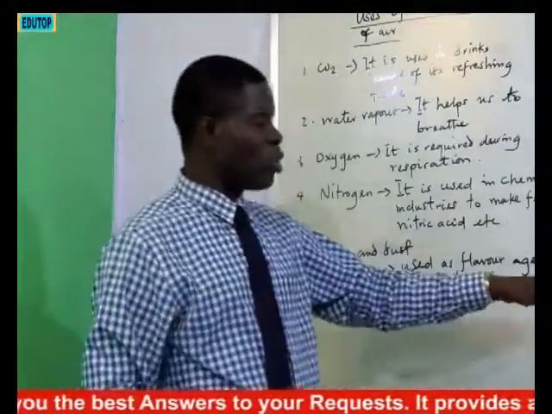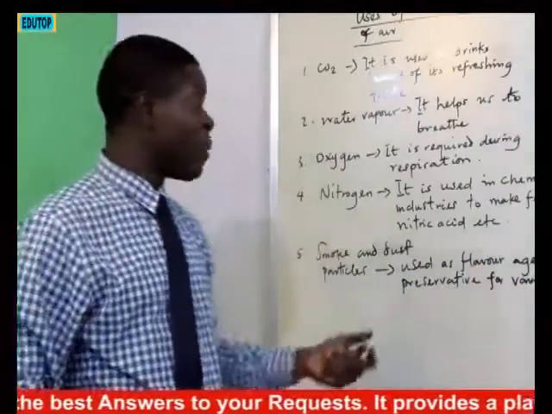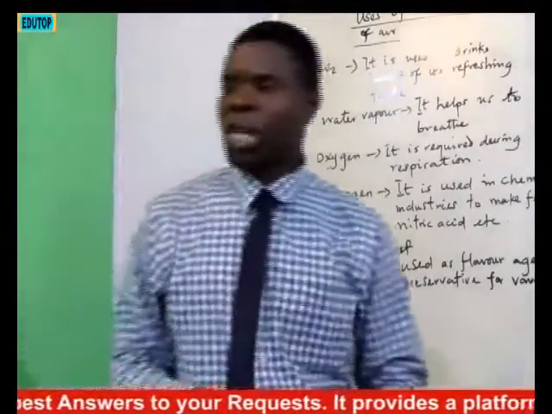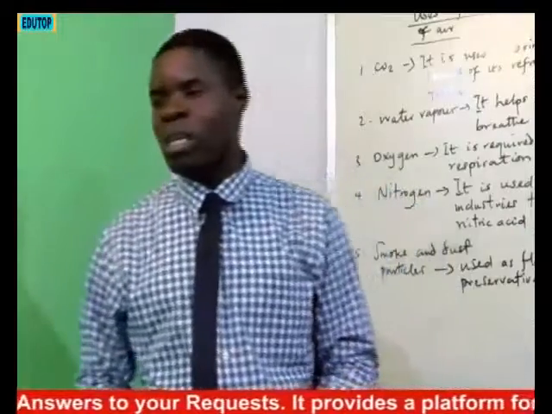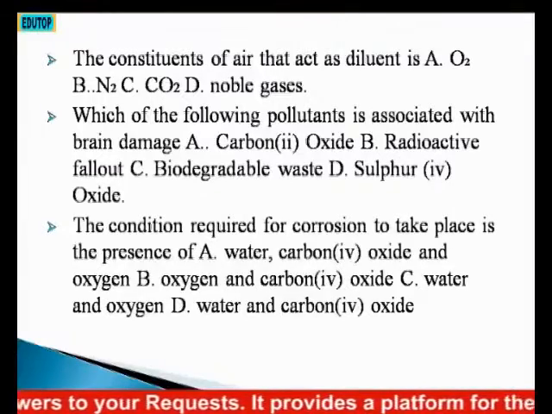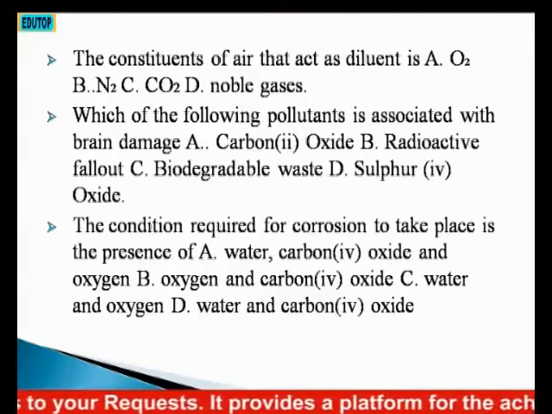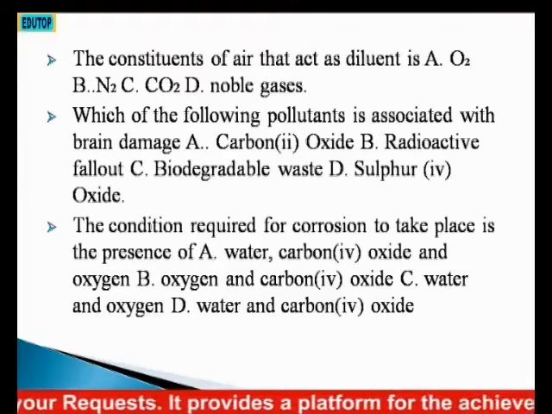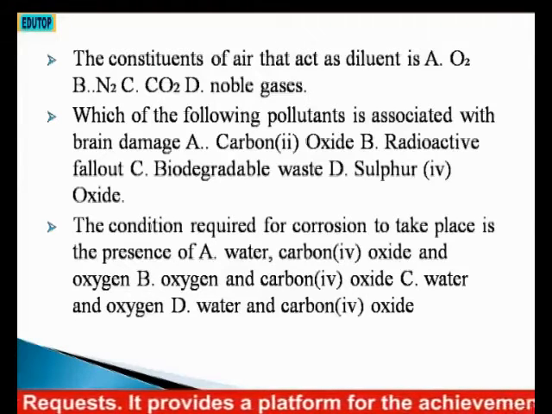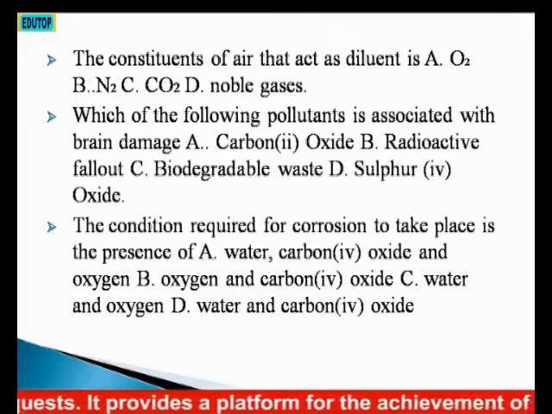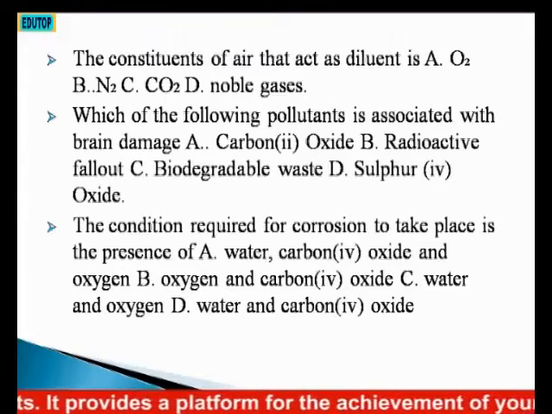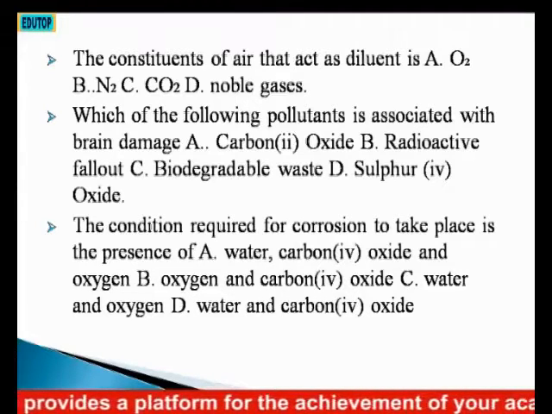So we use nitrogen as a diluent in chemical industry. Is the answer A, oxygen? No, oxygen is a substance that ensures oxidation, not a diluent. B, nitrogen. Nitrogen is correct.